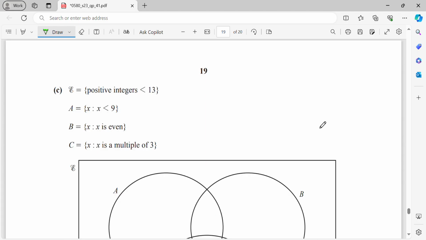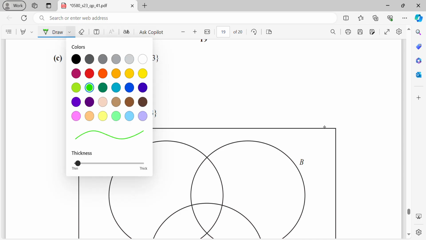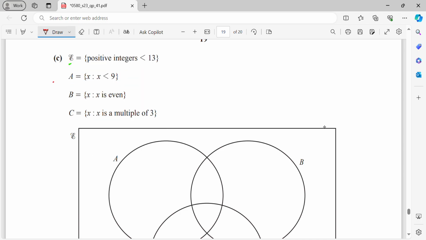Okay, now for the next part, the universal set is positive integers less than 13. Less than 13 means that it will be from 1 until 12. A is x less than 9. That means this is 1 until 8. Then B, okay, probably I will just list down.